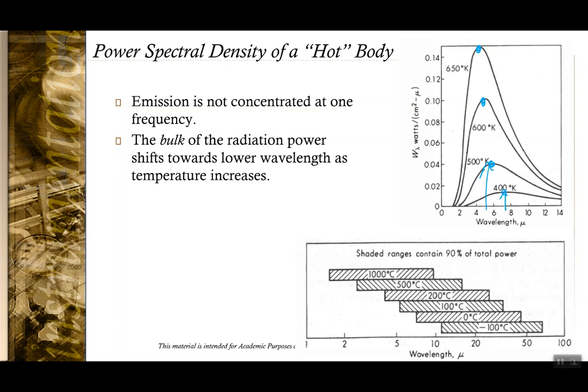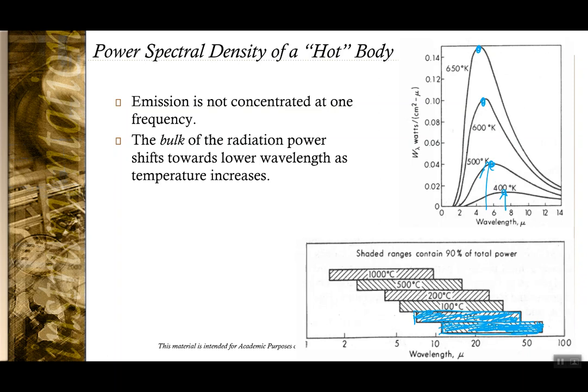Okay. And what can be observed is that as the temperature increases, most of the radiation falls in the wavelength range or the frequency range where more than 90% of the radiation energy is concentrated.